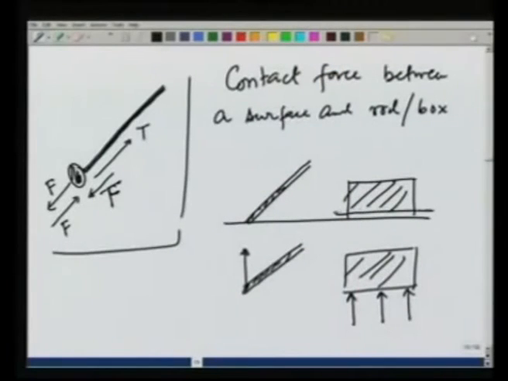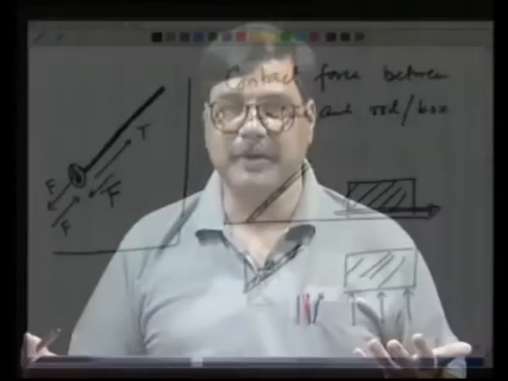Why is it perpendicular? Imagine if it were not perpendicular, what would happen? Then this box, because of the component parallel to the surface, would start moving by itself. That does not happen, and therefore, we conclude that a smooth surface applies a force perpendicular to itself.